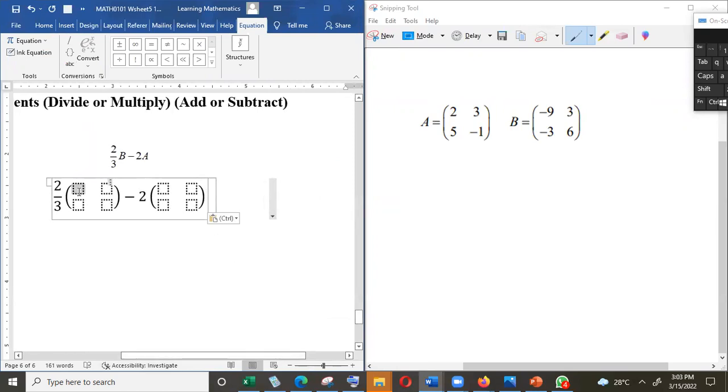So b now is -9, 3, -3, and 6. And 2/3 times b is -9, 3, -3, and 6, and -2. A now is 2, 3, 5, and -1.